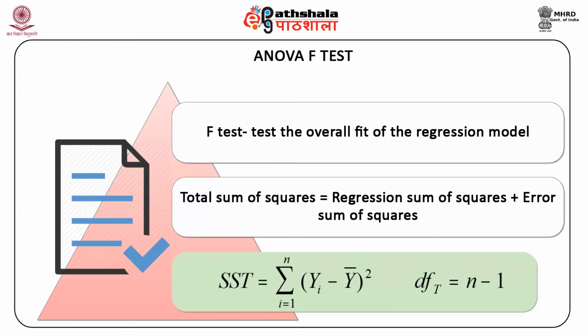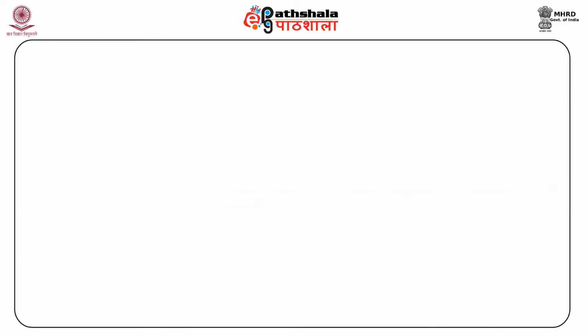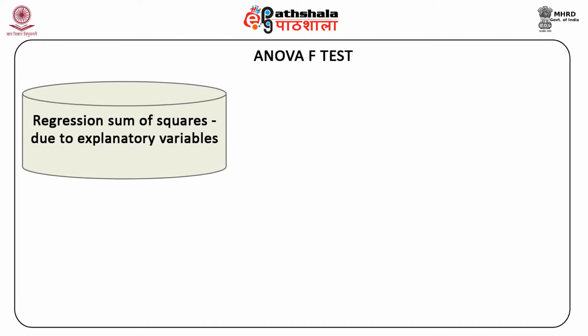So we have SST is equal to the sum from i equal to 1 to n of (yi minus y bar) the whole squared. DFT is equal to n minus 1. Total sum of squares, total variation. Regression sum of squares is explained variation due to explanatory variables.